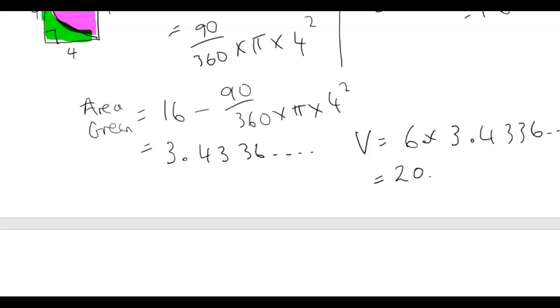So I get 20.6017, and so on. And that's going to round to 20.60, and we're working in centimeters cubed. All right, I'm just going to check my answer. Beautiful. It's always nice when you get it right.